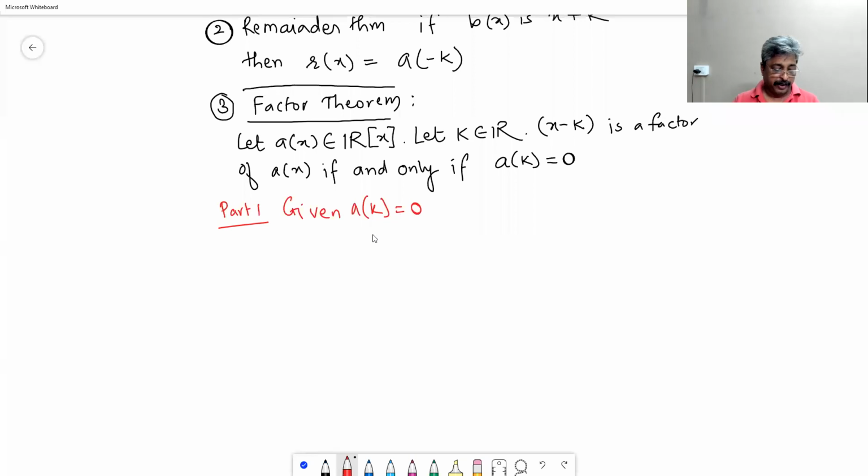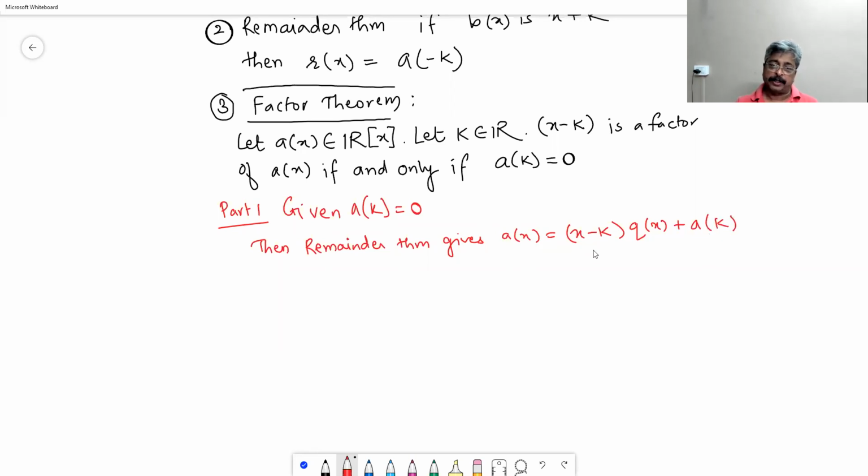If a of k is given, then remainder theorem gives a of x is equal to x minus k into q of x plus a of k.